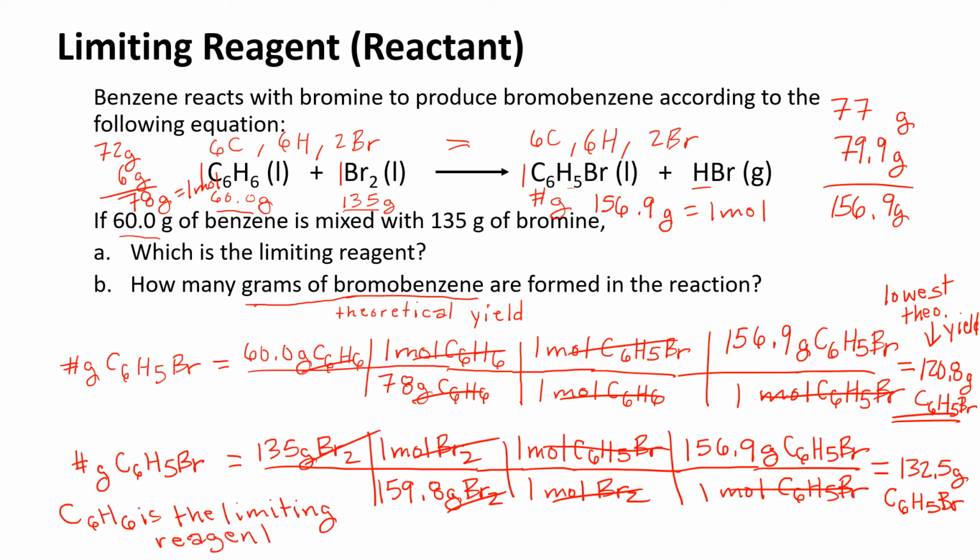And the theoretical yield, or the number of grams of bromobenzene formed from the reaction, which we call the theoretical yield, is equal to 120.8 grams of bromobenzene.